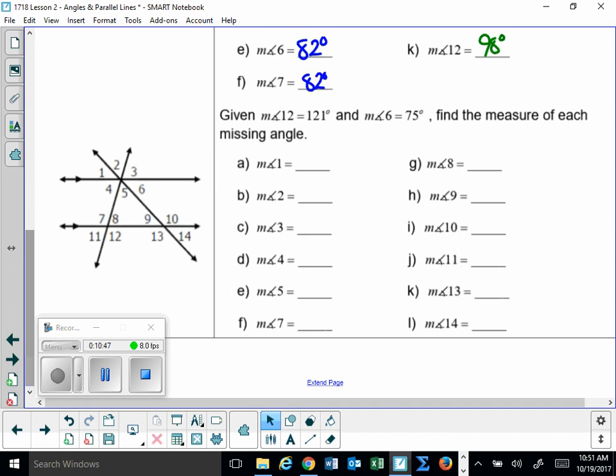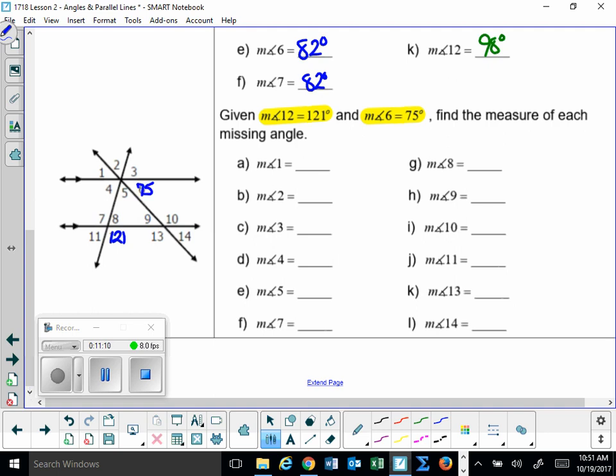Look at this, an even more complicated diagram. All right, we start off with a given that angle 12 is 121 degrees and angle 6 is 75.